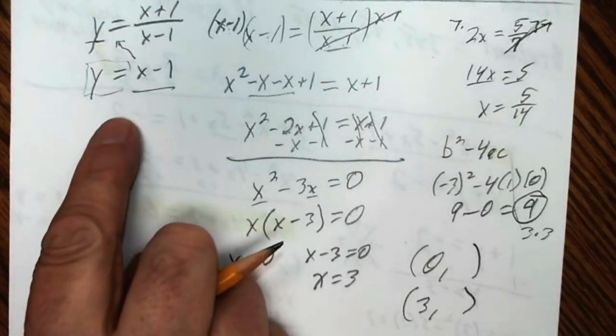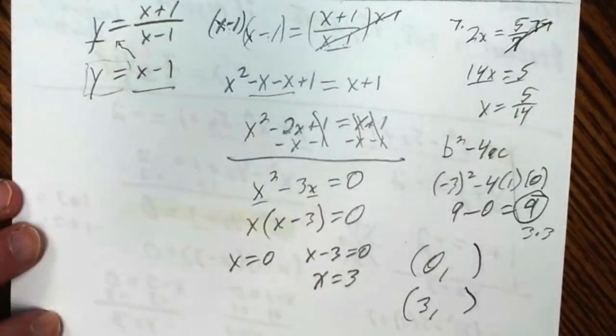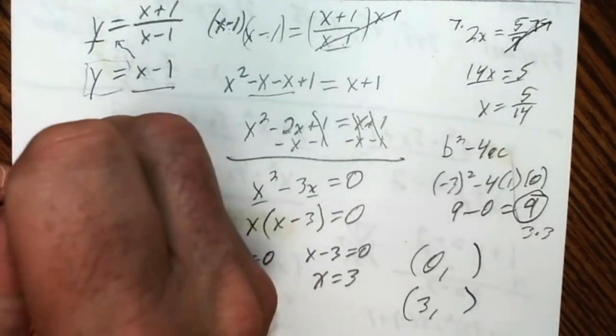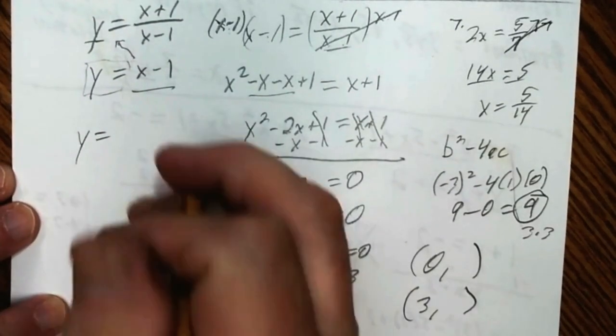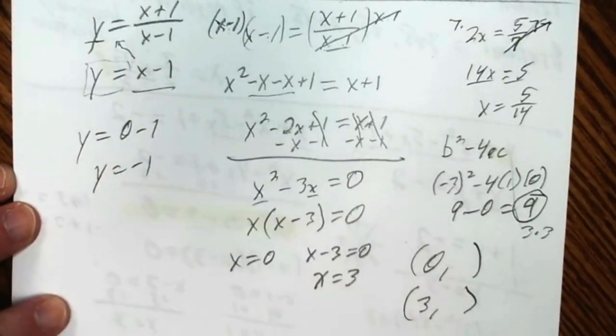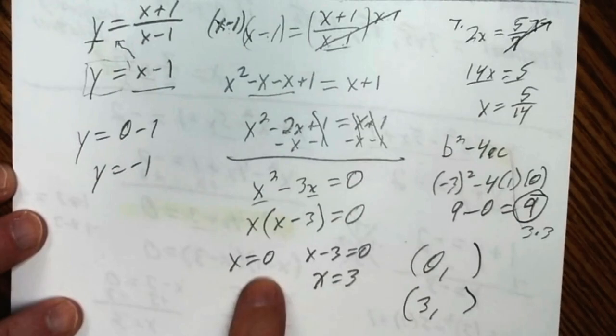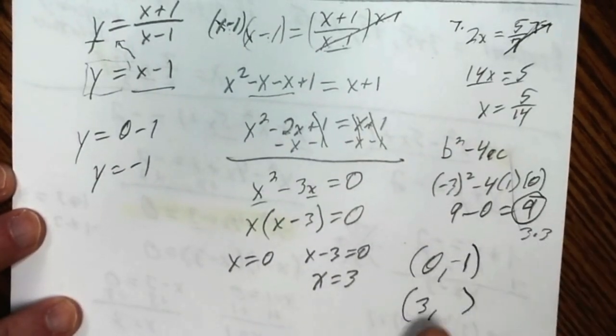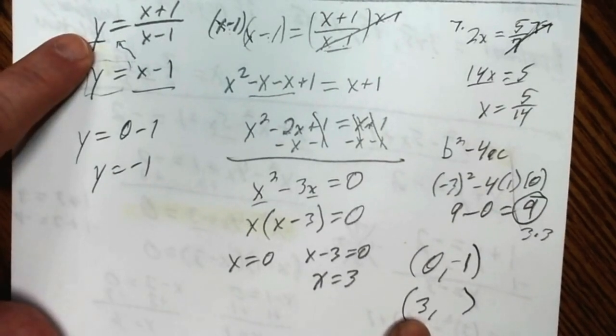Well, let's find out what y was. We can choose either one again. For the first one, I'll do the bottom one. y equals 0 minus 1, so y equals negative 1. Okay, so when x is 0, y is negative 1. Just for fun, I'm going to choose the other one.